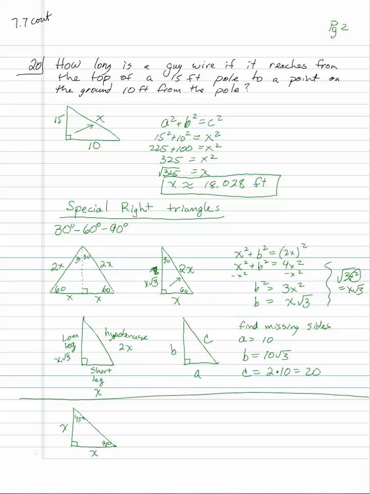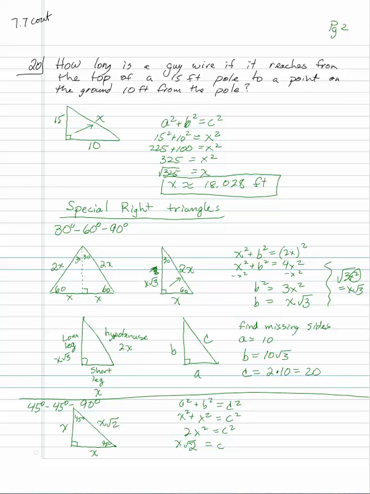And then again, using Pythagorean Theorem, a squared plus b squared equals c squared, we get 2x squared equals c squared. Square root both sides. We throw the negative 1 away. That's going to get us x square root of 2. Right, so that's the relationship between the sides of 45, 45, 90.